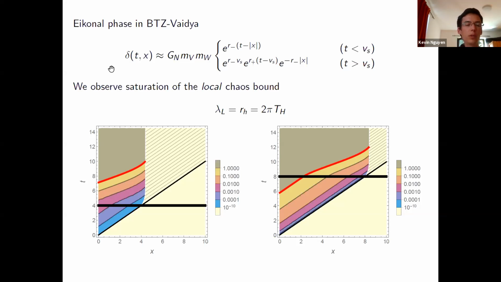So what we do is compute this OTOC in the geodesic approximation, as I described. For that, we need to find the pair of geodesics which extremizes this overlap integral, and compute their eikonal phase factor. For that, we have to compute the gravitational field emitted by each of the particles, and then contract these gravitational shock waves with the stress tensors of both particles.